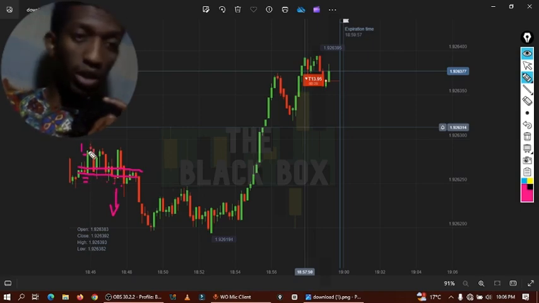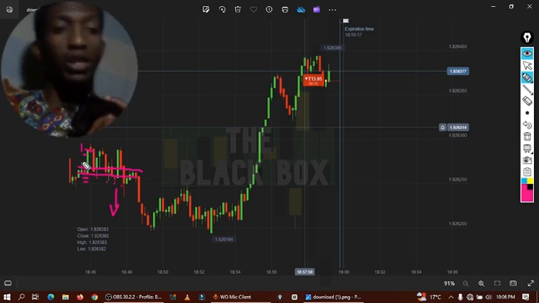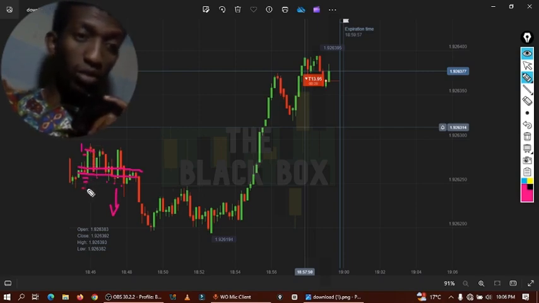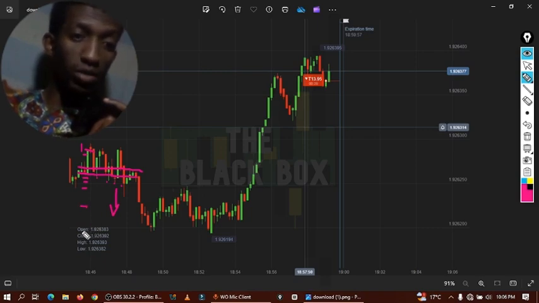And how do I measure this one? From the bodies, from the third candle or the breaking candle body to the low of the three candles, the lowest of the low from the three candles. When I project the downside, TP1 could be here, TP2 down there, TP3 could be down there.